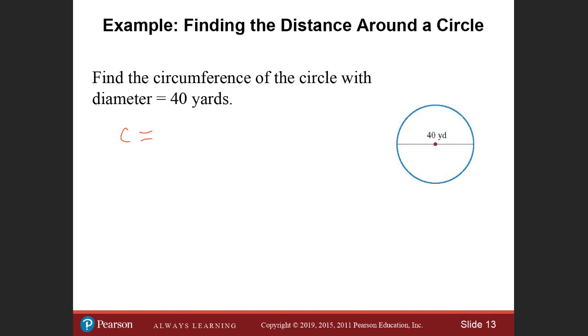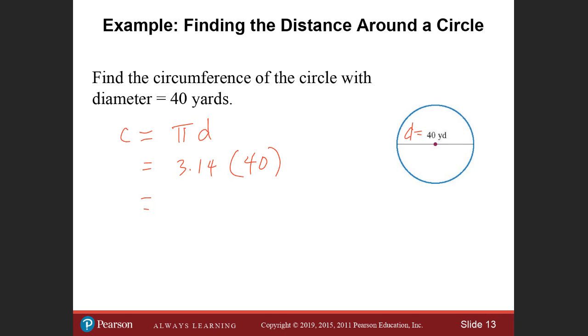The formula is pi d, where d is the diameter and pi is 3.14 as an approximate value. So we have 3.14 times your d, which is 40 yards.